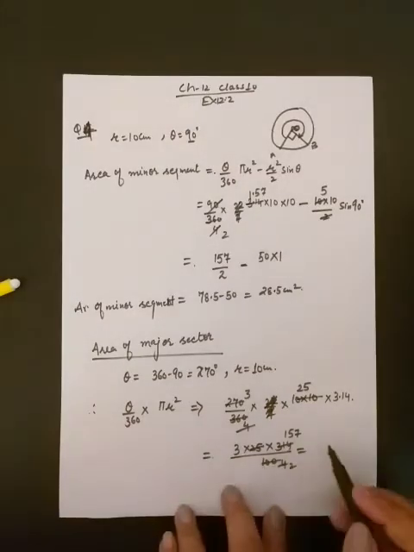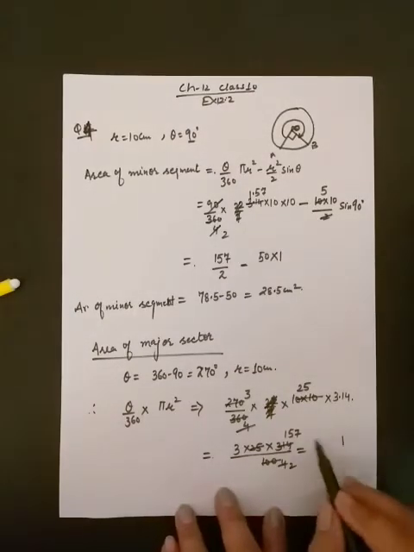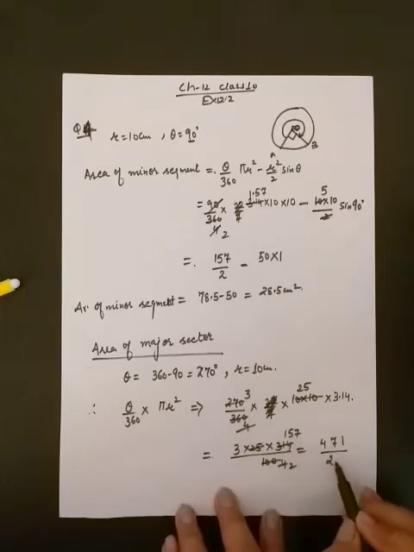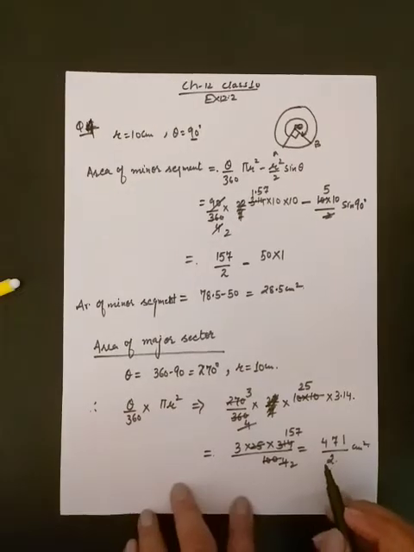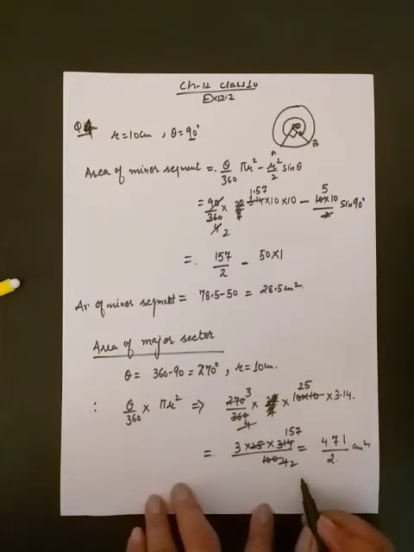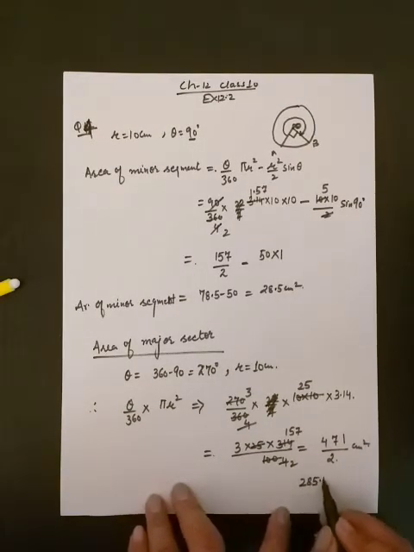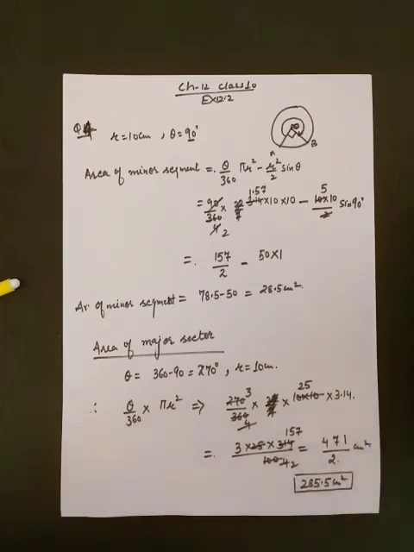So 157 into 3 will be 471 by 2 centimeter square, or we can write it as 285.5 centimeter square. So this is the area of major sector. If you are asked to find the area of minor sector, then central angle will be of 90 degree.